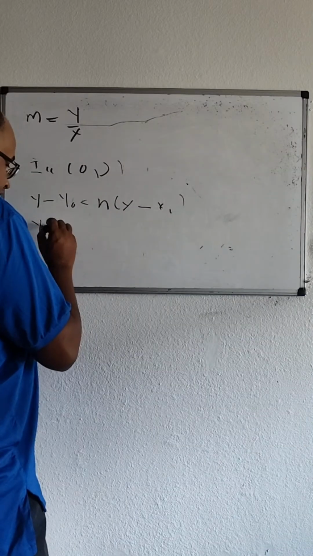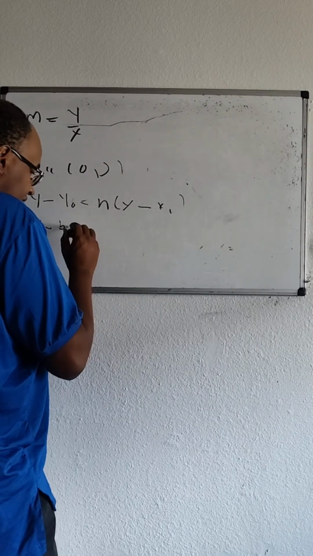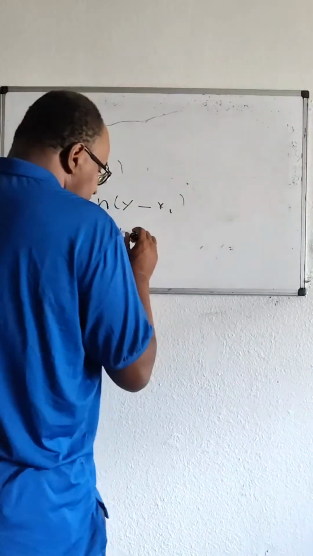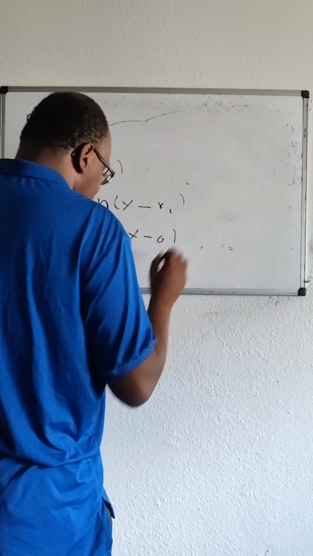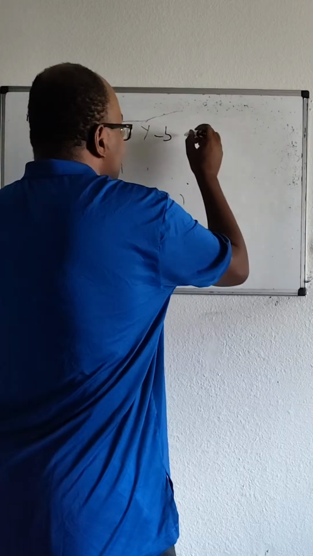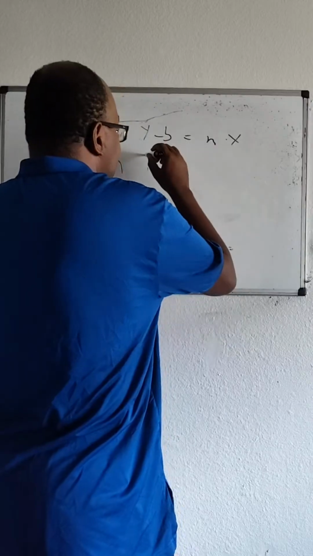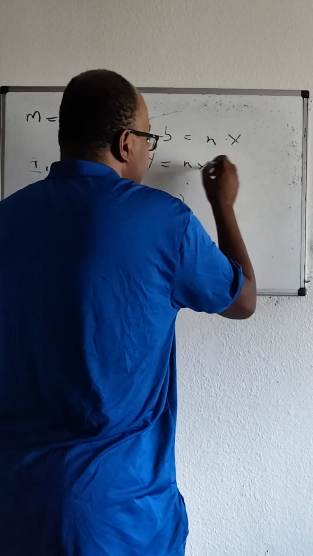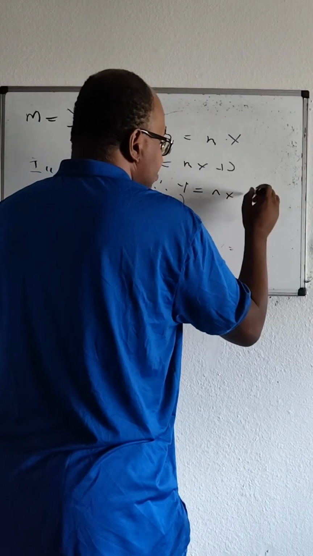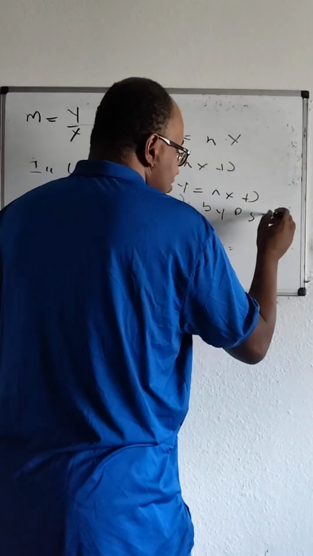So y minus b equals the slope times x minus 0. Okay, so we got y minus b equals m times x. So y equals m times x plus b as desired. Y equals mx plus b. By the point slope intercept form, right?